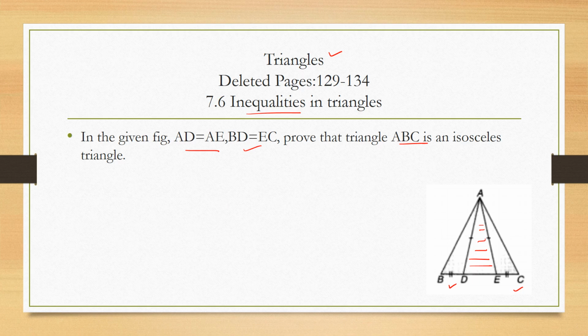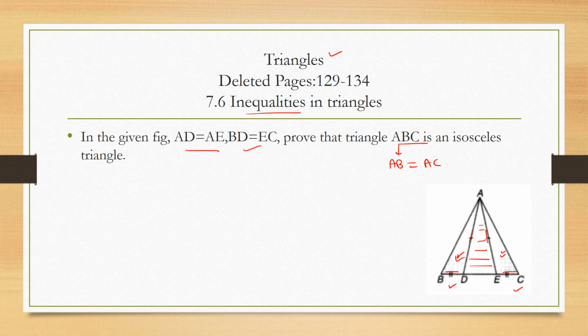So that means I need to prove that a pair of sides is equal, right? How can I prove it? Okay, so if I need to have these as equal, I should prove these two triangles congruent, right? To make these two triangles congruent, I have two things: this side is equal to this and this portion is equal to this.